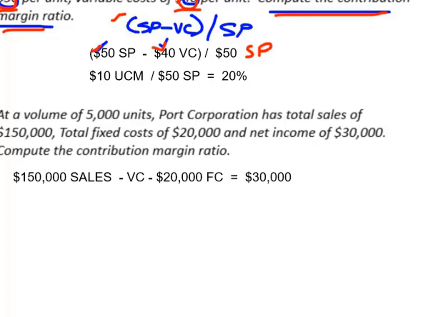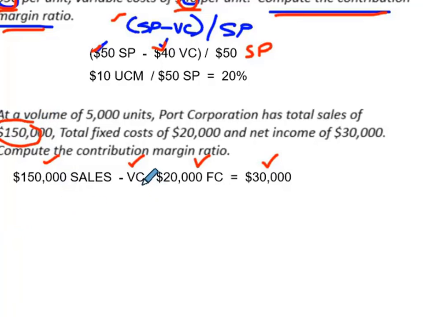So the first thing we can do is utilize our classic cost volume profit formula, and that's sales minus variable costs minus fixed cost equals our net profit or net income. And in this case I plug in the numbers. $150,000 of sales.